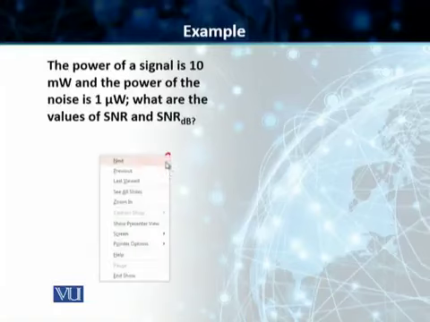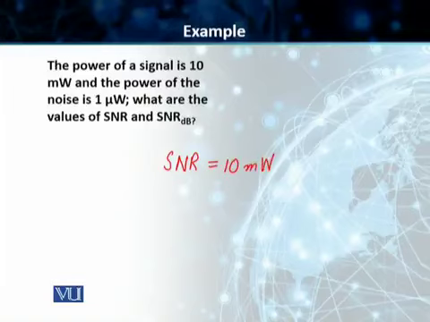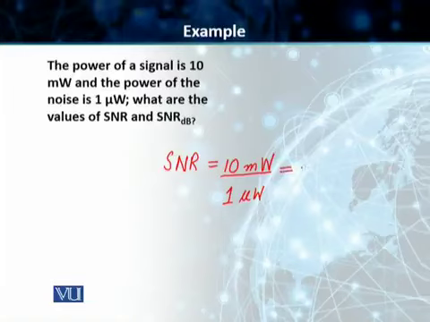In the first case, our SNR is equal to 10 milliwatts divided by our noise power, which is 1 microwatt. If you do the maths, this comes out to be 10,000.